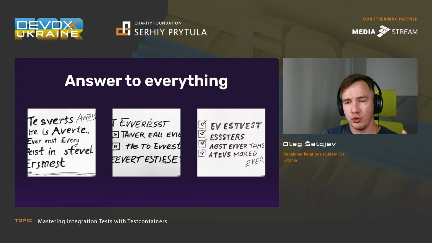Very often, to all the questions that we have in software development, the answer is tests. Can I merge this pull request into the main branch? Do you have tests, and do those tests pass? If yes, then probably you can. Can I deploy a certain version into production? Do you have tests, and do the tests pass?